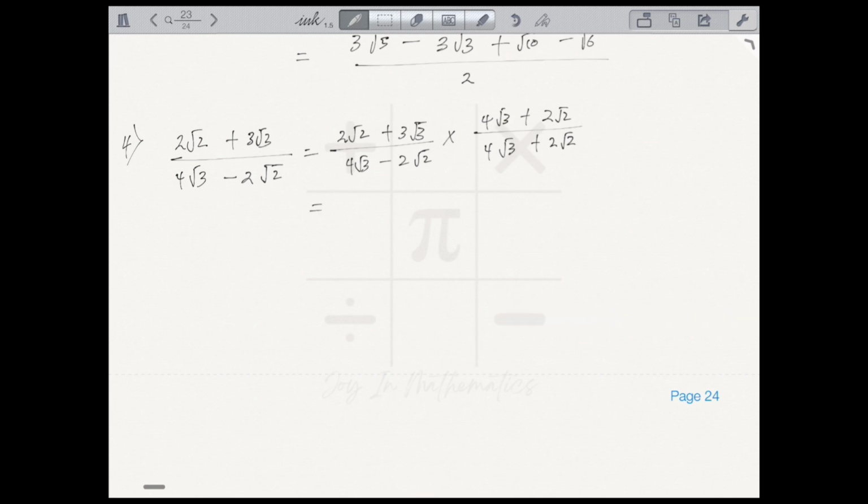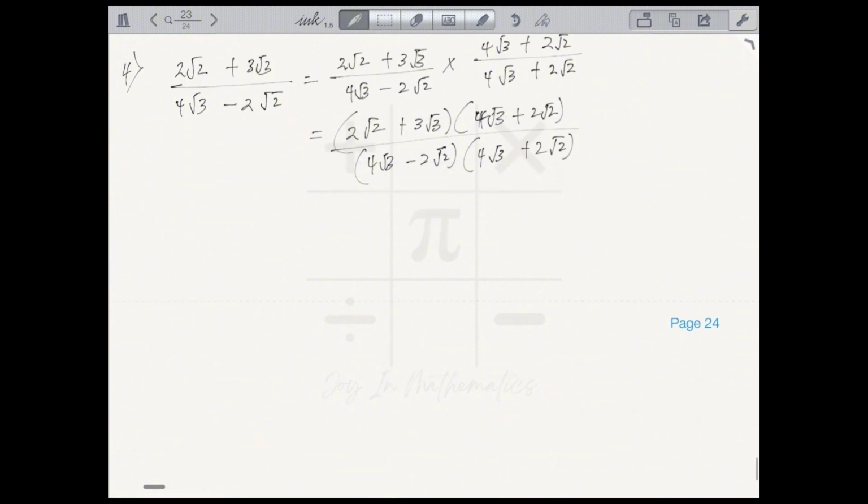So we simplify just as we have done in lessons 10 and 11, where we multiply surds in brackets. This is 2 root 2 plus 3 root 3 divided by 4 root 3 minus 2 root 2, multiplied by 4 root 3 plus 2 root 2.